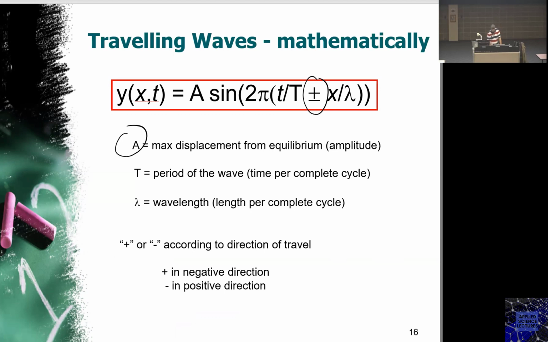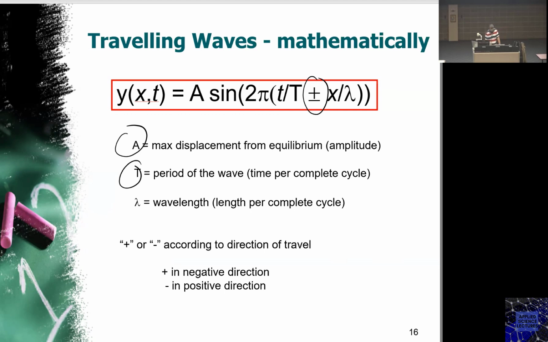A is the amplitude, T is the period, and lambda is the wavelength. What does a wavelength mean here? The period is the time that one cycle takes to complete. The wavelength in the space domain is the length of one complete cycle, and the period in the time domain is the time it takes one cycle to complete.